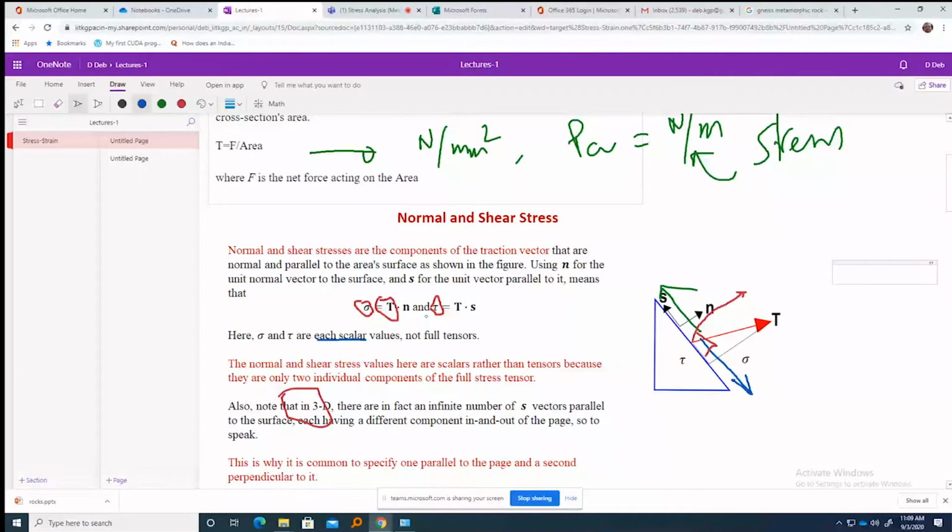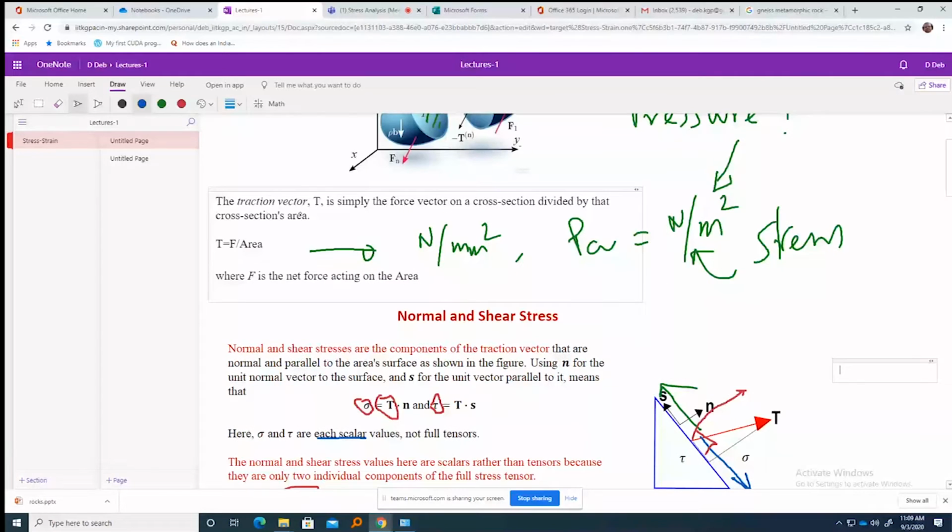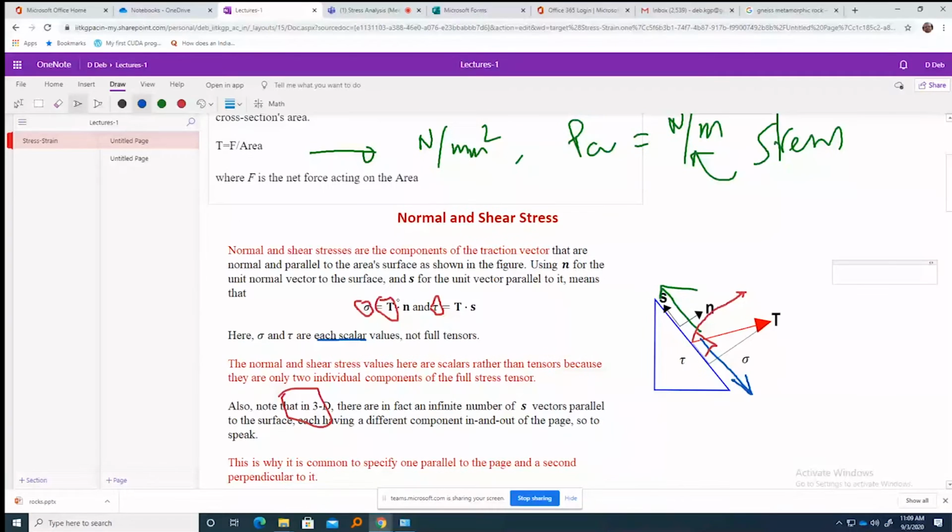Okay. So if I know now the traction vector, and traction is a vector, mind that, so it will have a direction, and if I know any surface whose unit normal vector and shear unit vector, then we'll be able to at least calculate the magnitude in those two directions of these two important stresses.